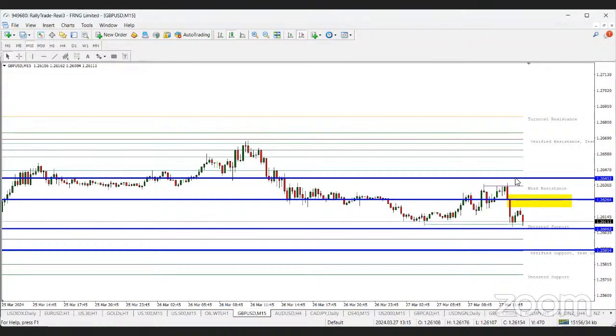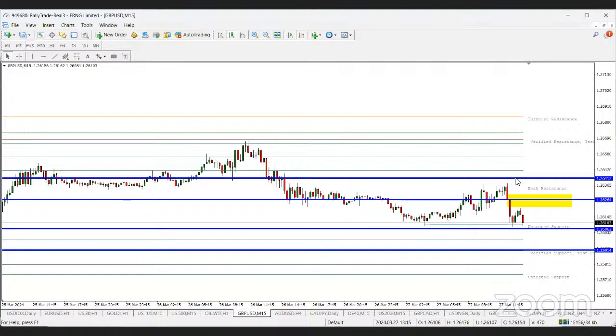So that's how I would trade it. Two things. First, I would sell GBP USD if it buys to 1.26260, and I'll be selling to around 1.25910. If you're into stop loss, I could have my stop loss at 1.26410.